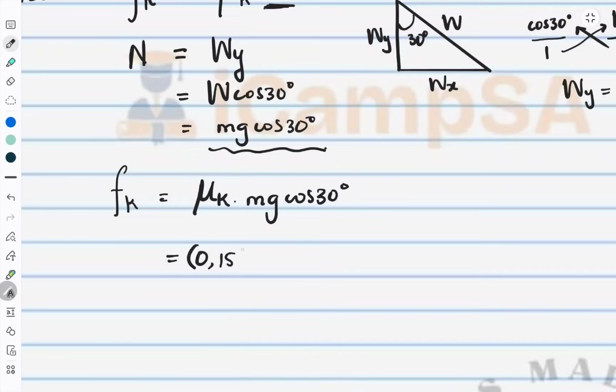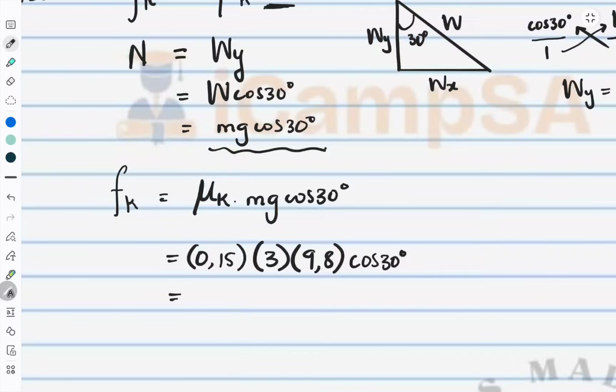Then from here I can substitute everything and get my final answer. 0.15 times my mass, which is 3 kilograms, times my gravitational acceleration, times cos 30. Right, so then you would find your answer.